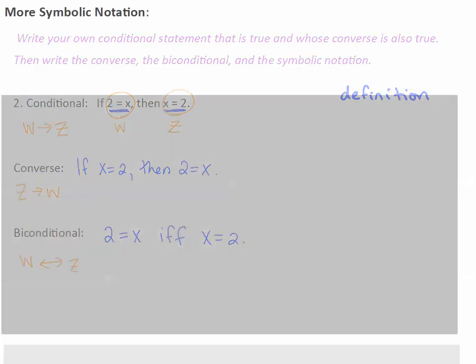Let's look at more symbolic notation that's going to be useful to us as we write arguments. Here are 3 that we've already been using: the single arrow, if then, if P then Q; the double arrow for if and only if; and the squiggly for not.